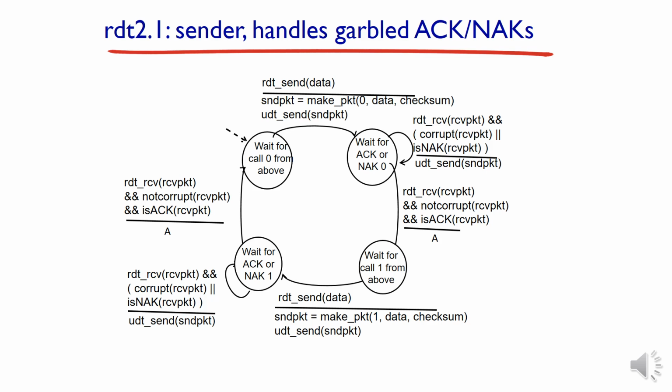Another difference you can see here is that while the system is in the state wait for call 0 from above, it will invoke the RDT send. The role of RDT send is to make packets from the data. The packet number is 0 for the first packet. Then, as usual, the checksum is computed, then the packet is sent. On the opposite side, in wait for call 1 from above, the same method is invoked, but the only difference is that the sequence number generated is 1.